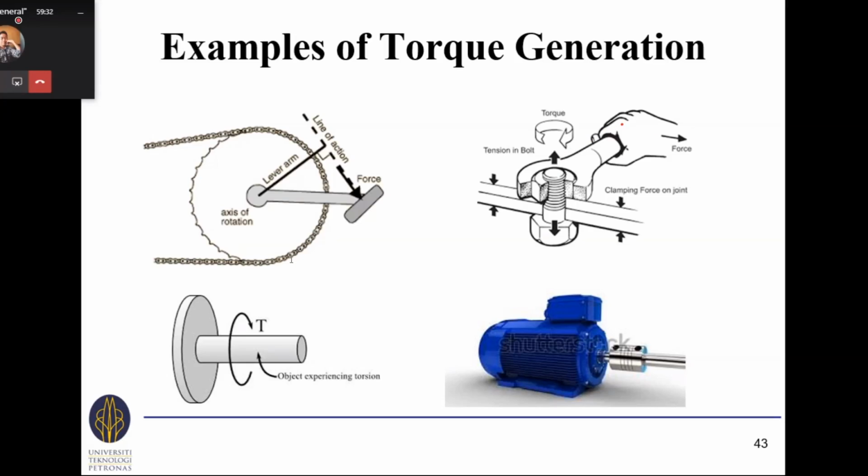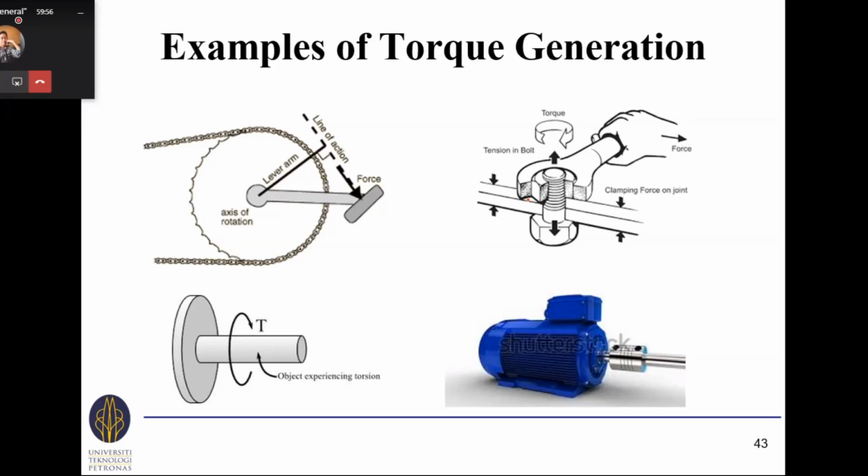So how far you put your hand from the axis of rotation will show you the results of the rotational motion. If you exert the force near the rotation axis, it is very hard for you to rotate the bolt. So in order to have easier rotation, you have to do it far from the axis of rotation.